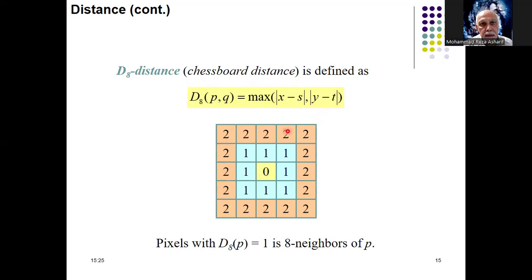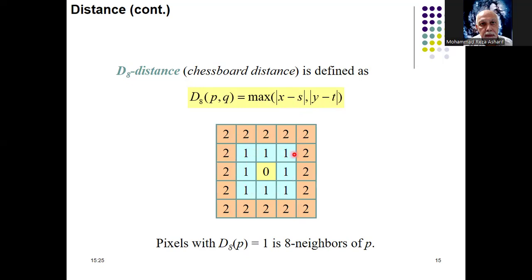Here this is D8(P,Q), which is the maximum of the vertical and horizontal absolute values, or the minimum, which gives a different shape. For instance, this is the location of distance 2, then this is the location of distance 1.